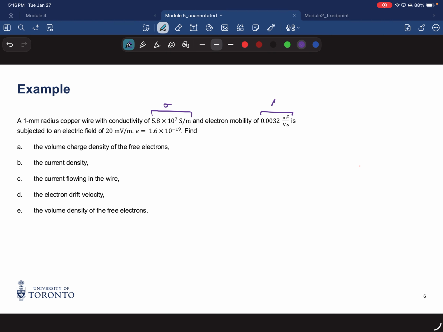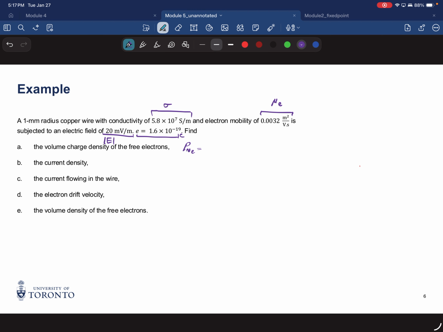Electron mobility is mu E, subjected to an electric field of 20 millivolt per meter, that's the amplitude of E. Electron charge 1.6 times 10 to the minus 19 coulomb. It's asking us, what is the volume charge density of the free electrons? Rho VE.